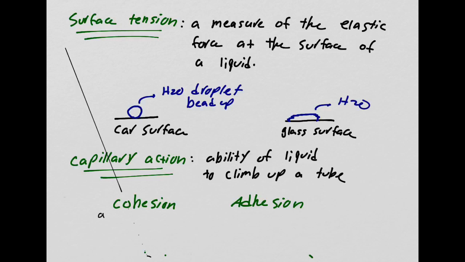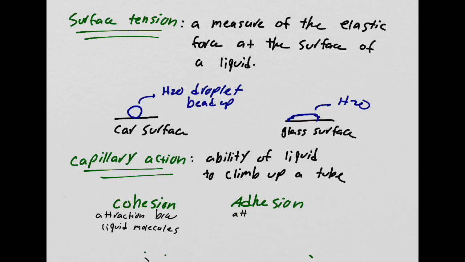So cohesion is the attraction between the liquid molecules when they're attracting each other. What do you think adhesion is? Adhesion is attraction between the liquid and the capillary wall.